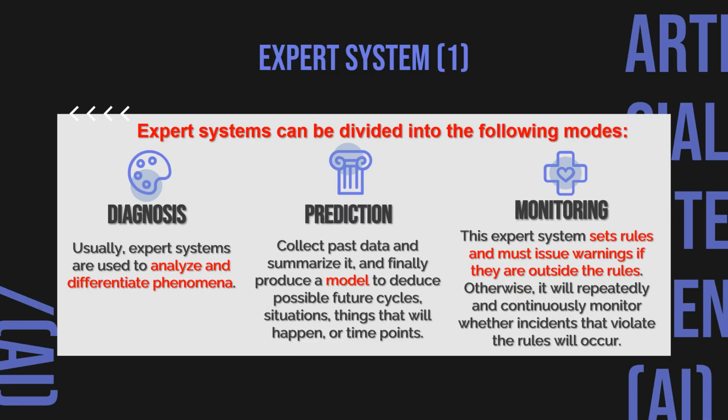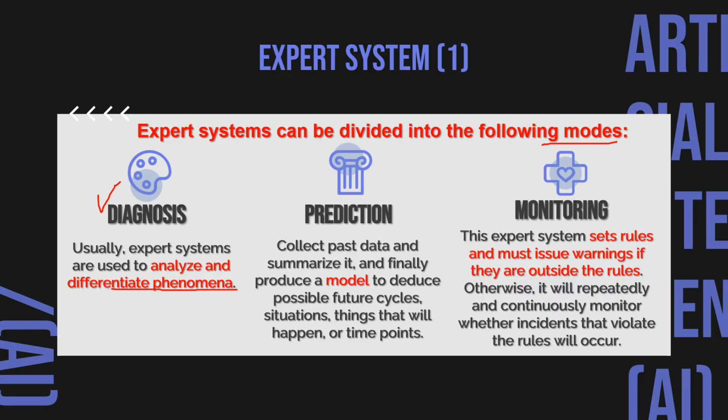Okay, this is the expert system. Expert system can be divided into the following modes, models. It's the same words. The first one is called diagnosis. Usually, expert systems are used to analyze and differentiate phenomena.